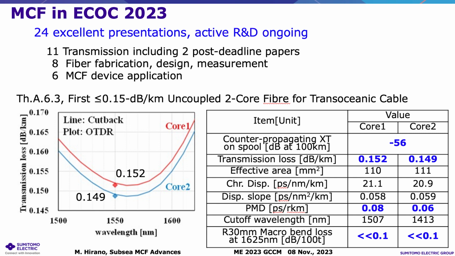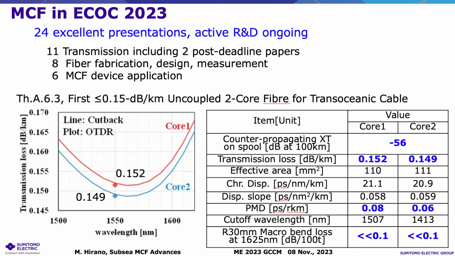And yes, we Sumitomo Electric also made a presentation on 2-core fiber with less than 0.150, 0.149 dB per kilometer attenuation, very low attenuation.